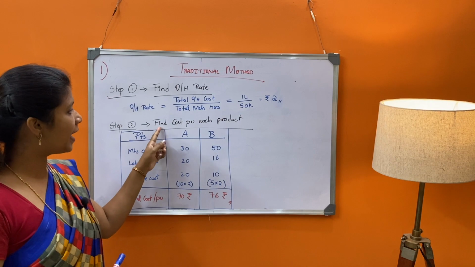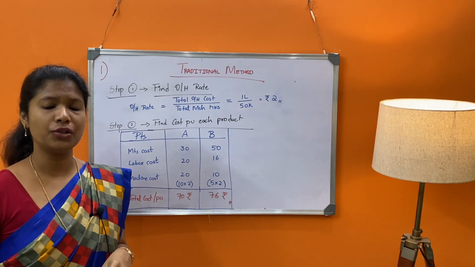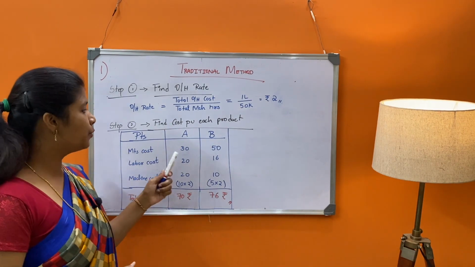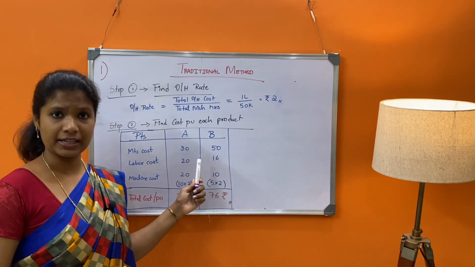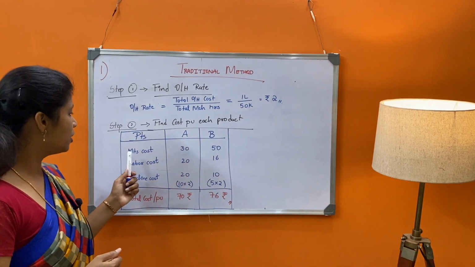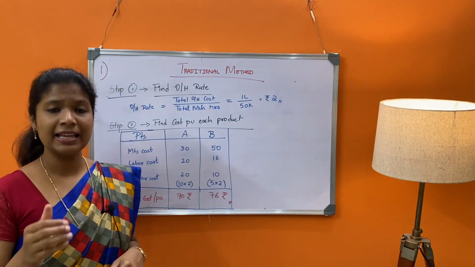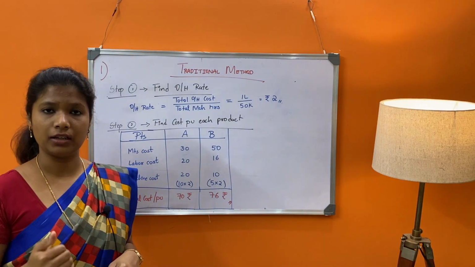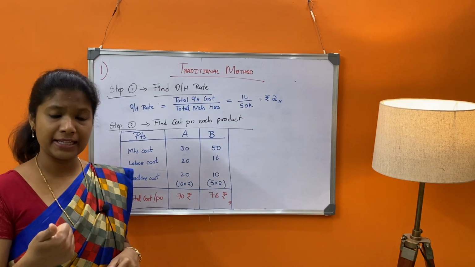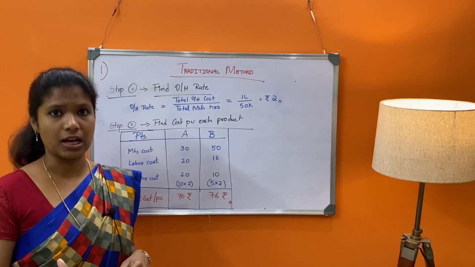Step 2 is to find the cost per unit of each product. So we'll do it simultaneously, product A as well as B. Now in the question, after they have given units produced, individually they have given other costs, material, labor, machine hours, correct?